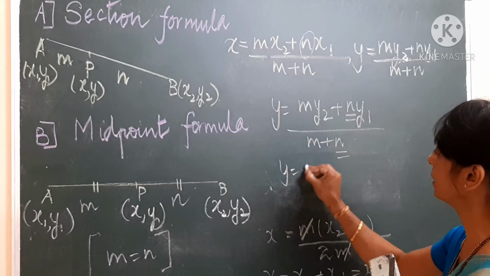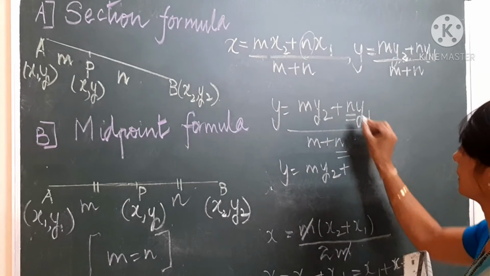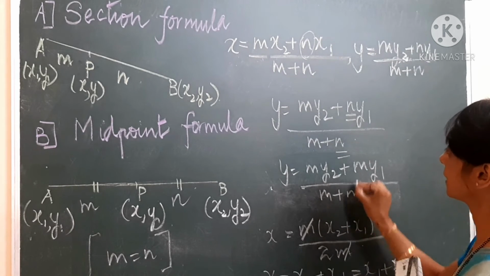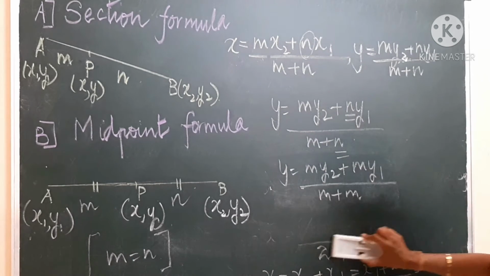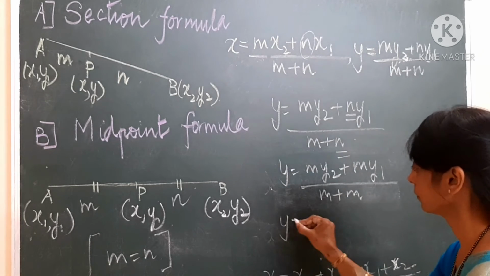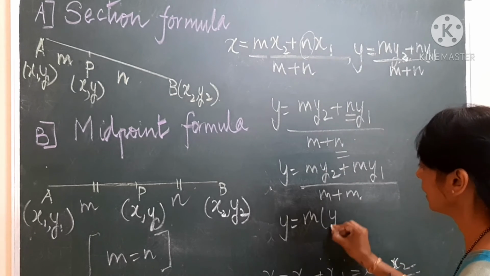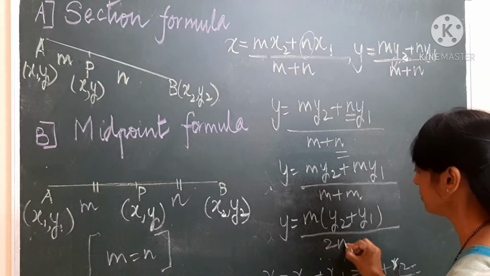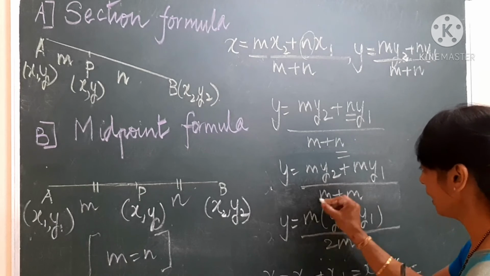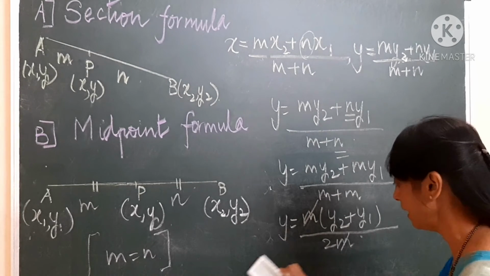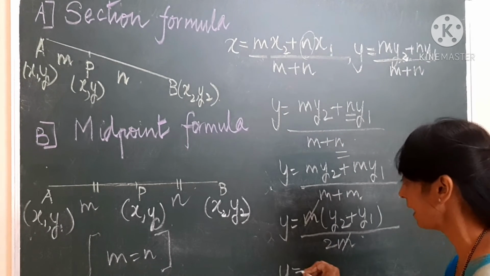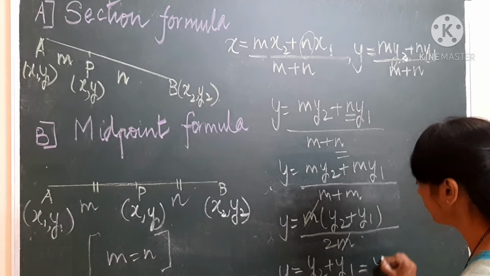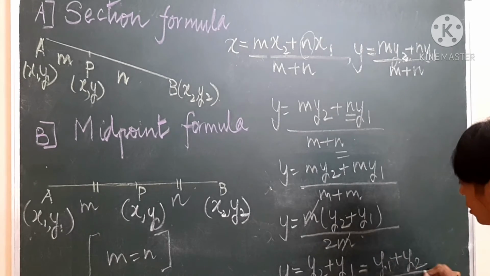So y will be equal to my2 plus my1 upon m plus n, because m is equal to n. So m comes out common, into bracket y2 plus y1 upon 1m plus 1m gives me 2m. Again, m and m get cancelled. So you are left with the answer of y as y2 plus y1 upon 2, or in other words, y1 plus y2 upon 2.